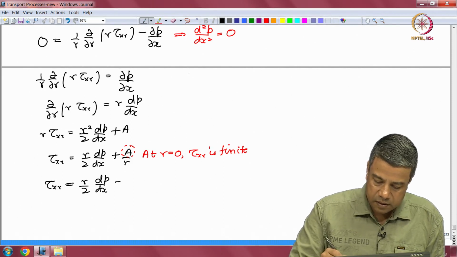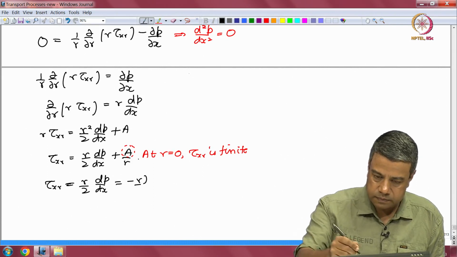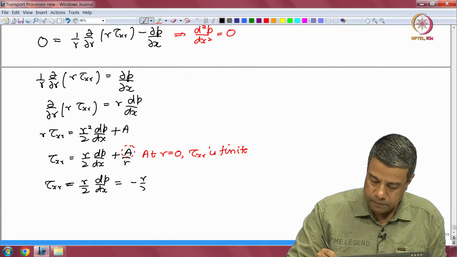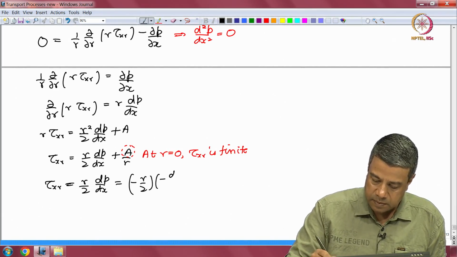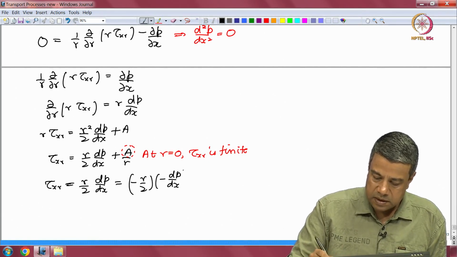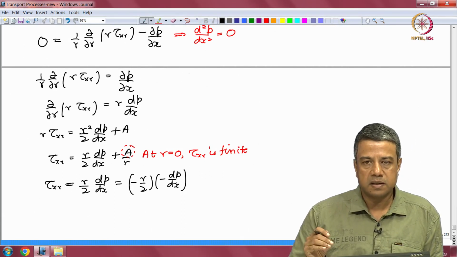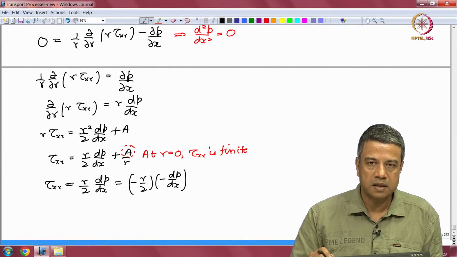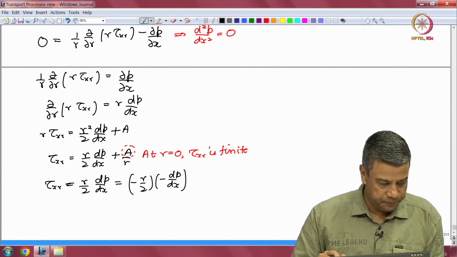And it is more convenient to write this as r by 2 into minus dp by dx, because I told you that when dp by dx is negative, the velocity is positive. So, minus dp by dx is a positive quantity.